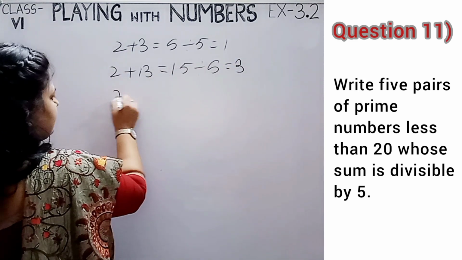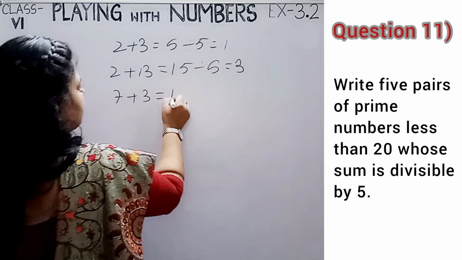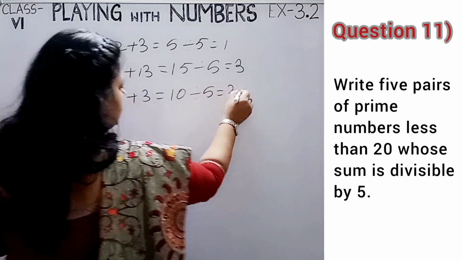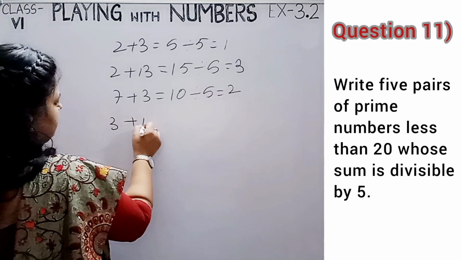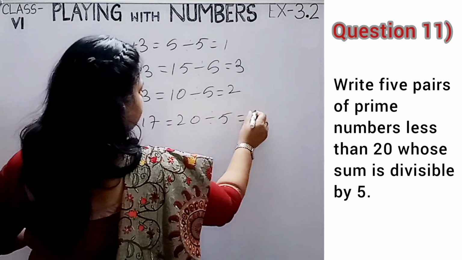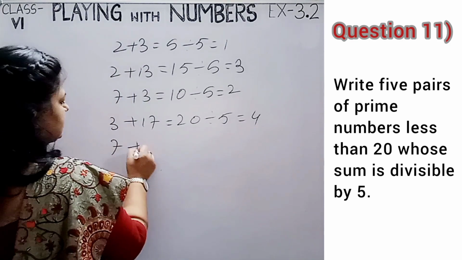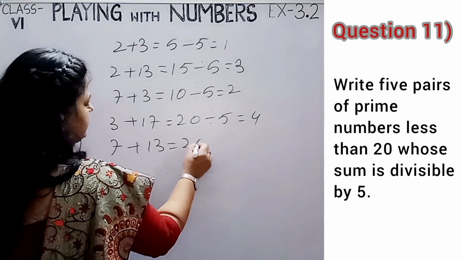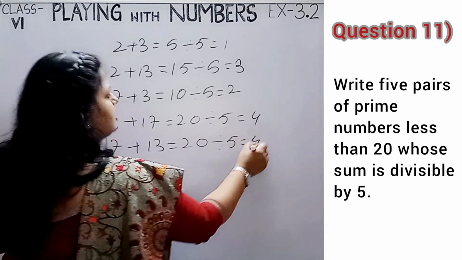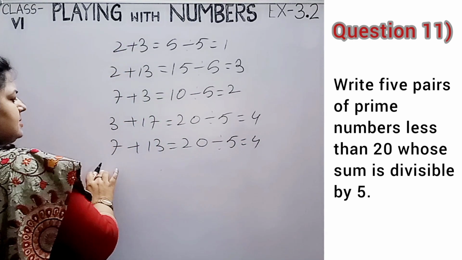Now the next one is 7 plus 3. This is 10. Divide by 5, we get 2. Next one is 3 plus 17, which is 20. Divide by 5, we get 4. And 7 plus 13. Now we have 20, and this is divisible by 5. So here these are the pairs.